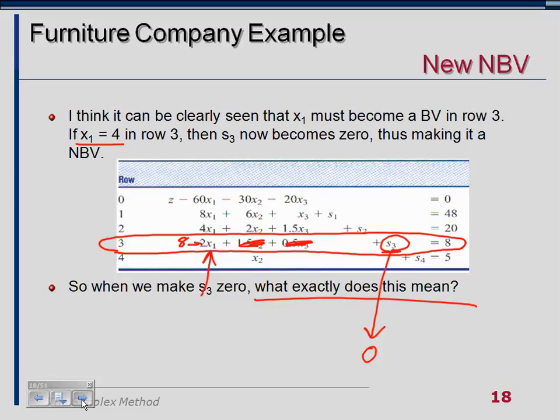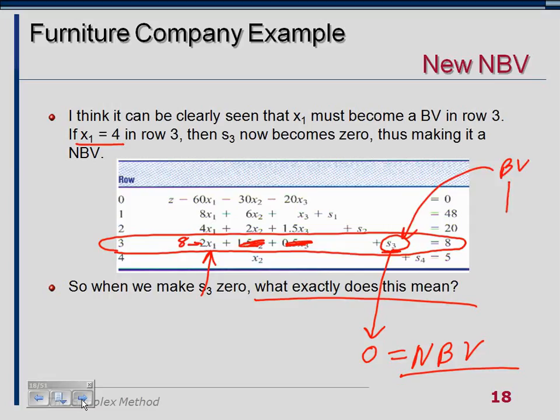Now, he became 0. So as soon as he became 0, what would we call him now? A non-basic variable, right? But x1 was a non-basic variable. He became a basic variable, so we called him an entering basic variable. This guy was a basic variable, and now he became a non-basic variable.